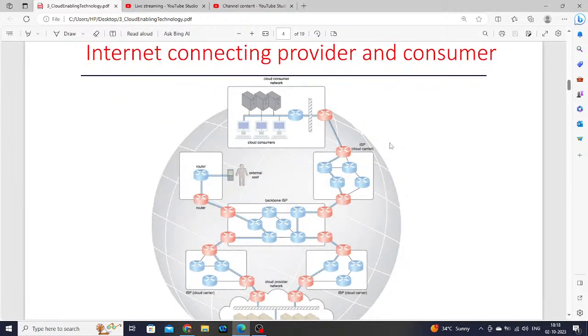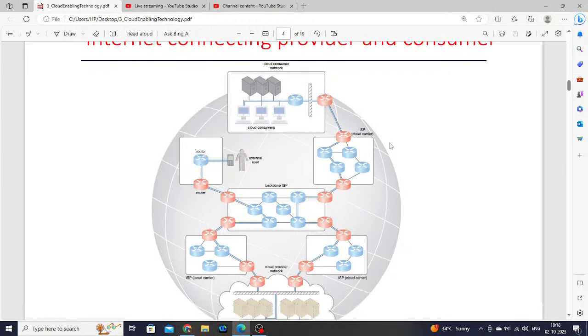There is this diagram. In the above you can see the cloud consumer network. It's generally connected to the cloud consumer and the ISP cloud carrier.